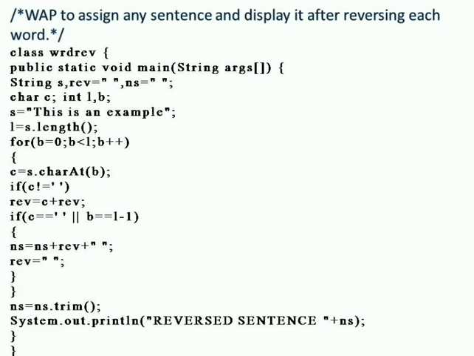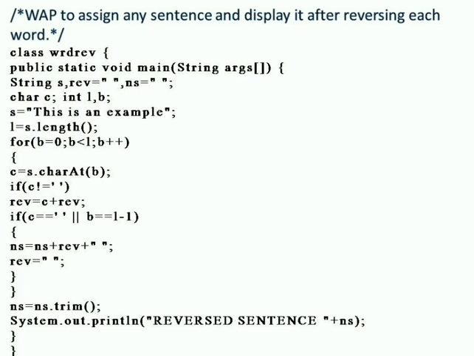So in the beginning of ns there is one blank space, and after joining the last word also there will be a blank space, which will not be of the same length as the original sentence. Now that extra blank space is removed by using this trim function.